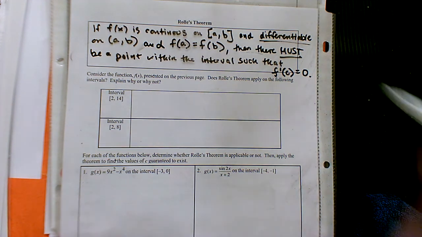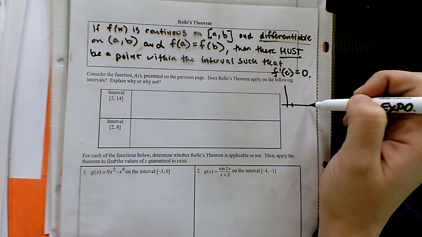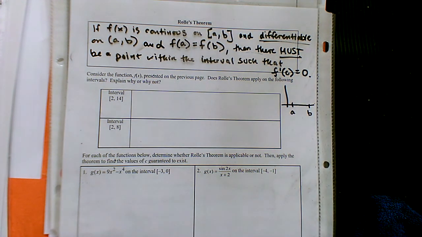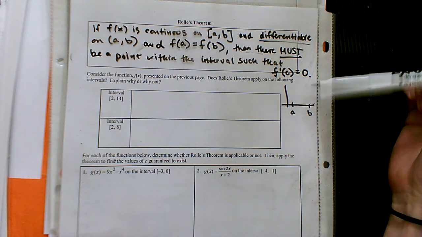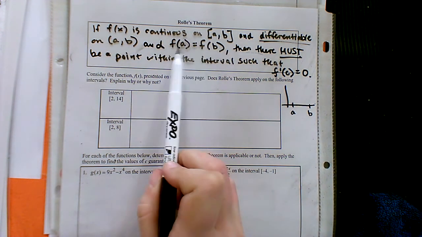Okay, we're going to draw a little picture of this. All right, so according to Rolle's theorem, we are continuous on a closed interval. So I have a closed dot somewhere at A, somewhere at B. Those closed dots have to be at the same height.